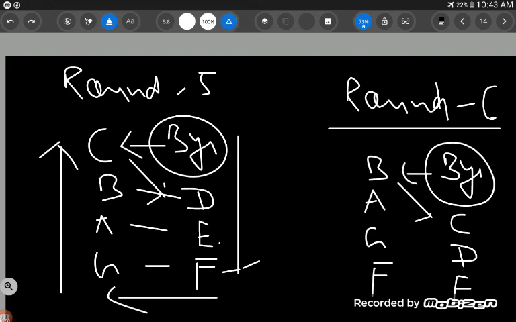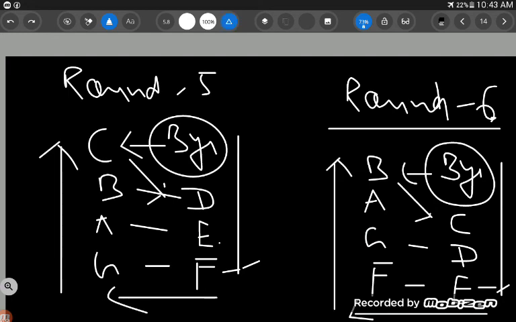Okay, which team is getting the bye here? B team. A will play the match to C, G will play the match to D, and F will play the match to E. How many rounds have completed? 6 rounds.